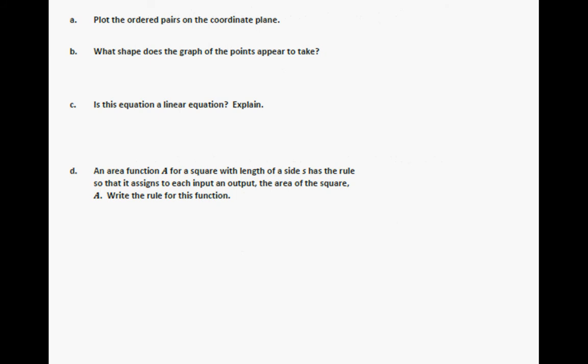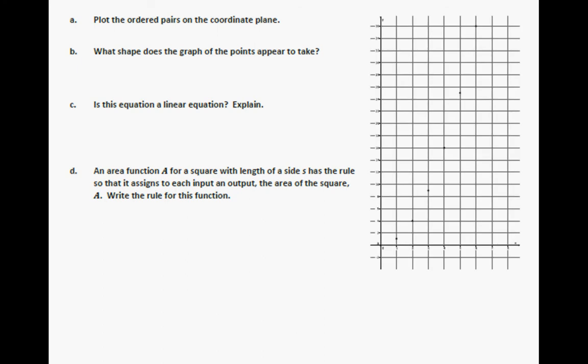Alright, part A, or 2A. Plot the ordered pairs on the coordinate plane. You should have gotten something that looks like this, with the points that kind of go up at an angle. So it appears to take the shape of a curve.